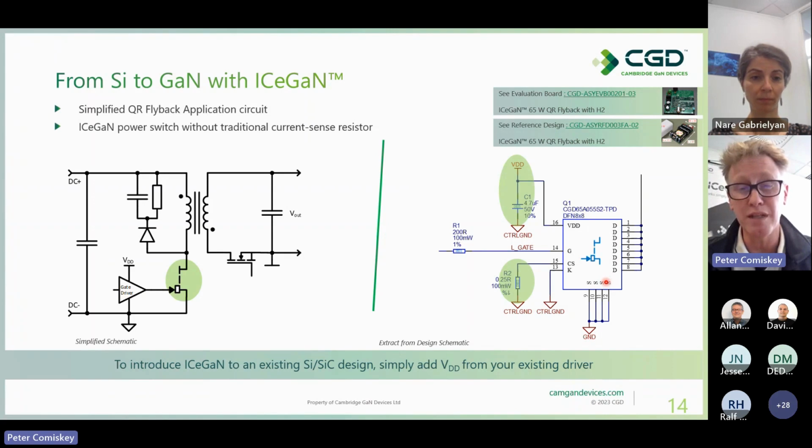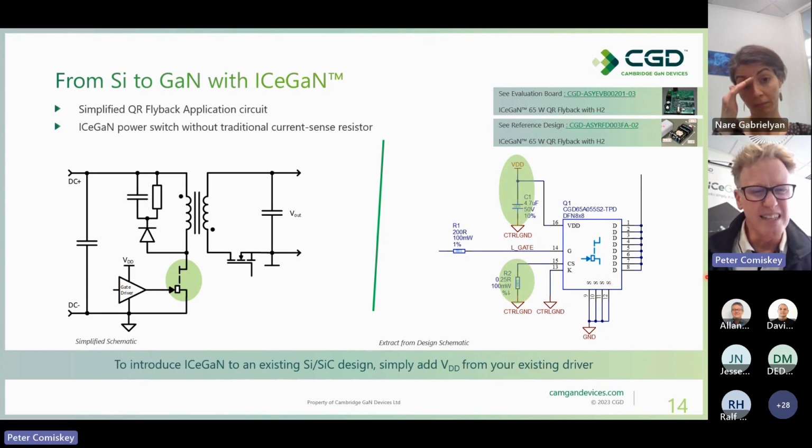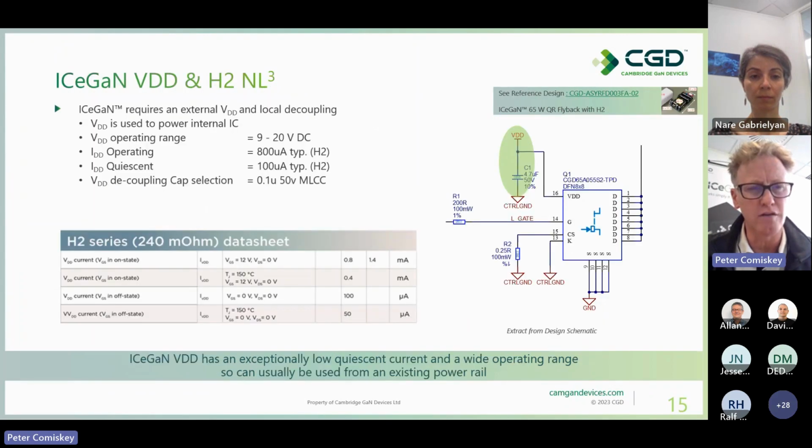That would mean really the only additional component that is required for ICeGaN is an additional decoupling capacitor. So really the message is very straightforward here. To change from silicon carbide to GaN using ICeGaN, it simply requires an additional passive component, a decoupling capacitor. So now let's look at the physical connections required of ICeGaN.